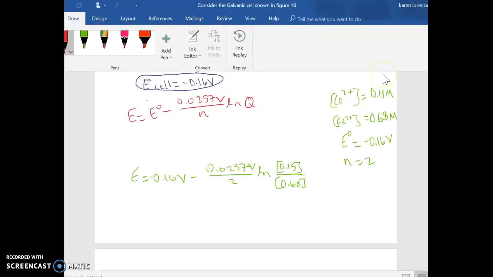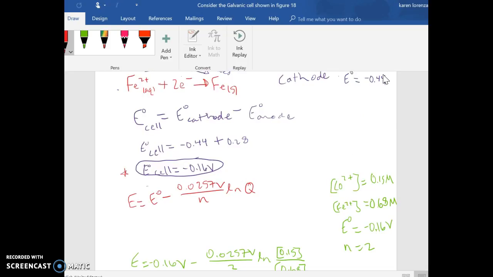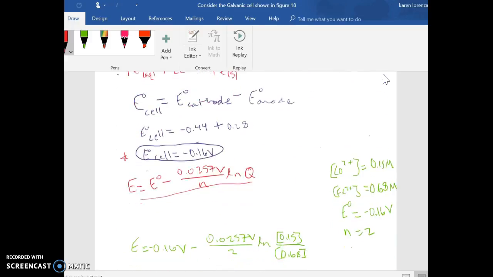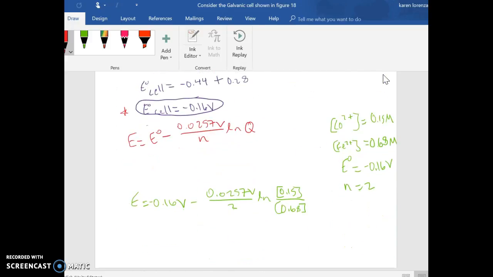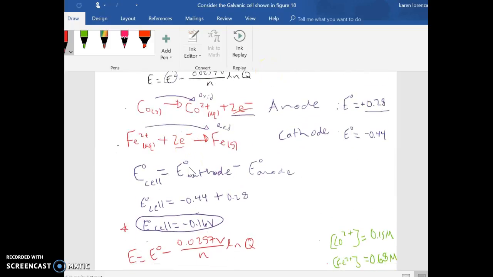Okay, we had some technical difficulties while I was recording, so bear with me if things don't look the same. However, here all I did after I got the standard EMF is rewrite my Nernst equation and plug in the information that they had given me: the concentration of the cobalt ion, the concentration of the iron ion, the standard EMF that we had calculated, and the number of moles of electrons being transferred, which is 2 overall.